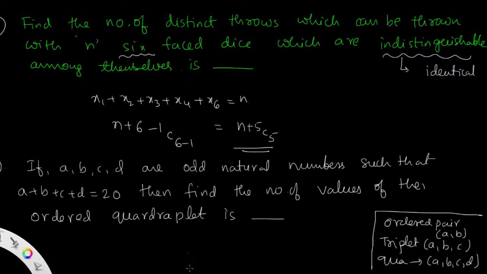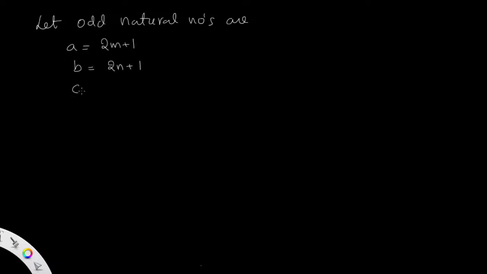Then the condition is given for odd natural numbers such that A plus B plus C plus D equal to 20. Then find the number of values of the ordered quadruplet. So first write down, let the odd natural numbers always be of the form A equal to 2m plus 1, B equal to 2n plus 1, C equal to 2p plus 1 and D equal to 2q plus 1.